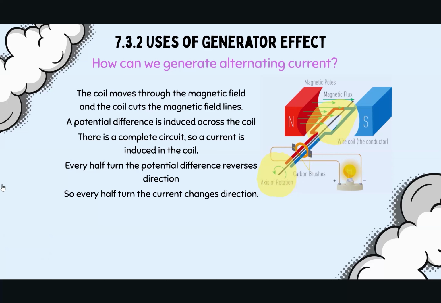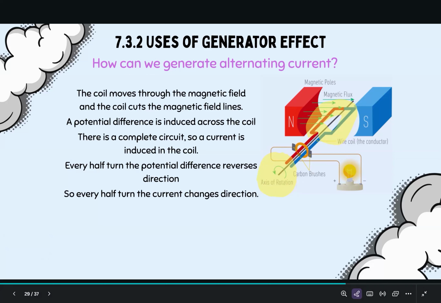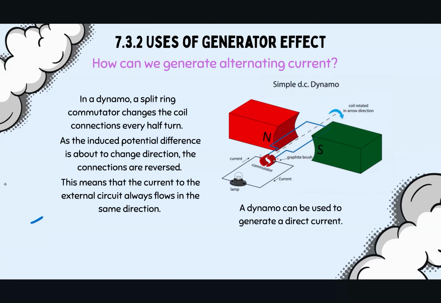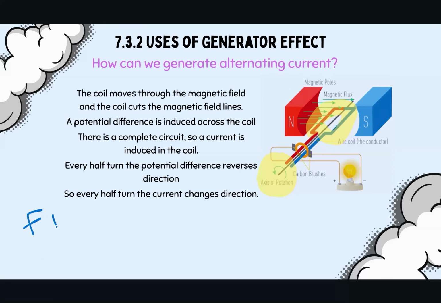So let's go through it one step at a time. The coil rotates in a magnetic field. So the coil is spinning between two oppositely charged magnetic poles. So we've got a magnetic field, and really quickly, when we did Fleming's left-hand rule, we mentioned F, B, I. F being the force.